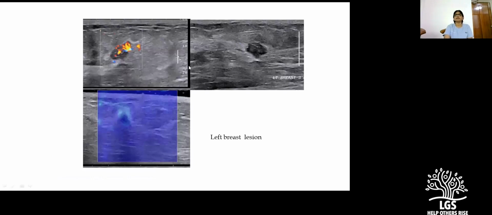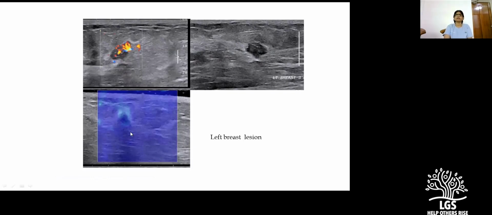On the left, again, this is the one that was not clinically evident, and it is non-palpable. You do an ultrasound, again, it shows an irregular hypoechoic lesion, with an angular margin you see here, and when we put a Doppler there, this lesion is very vascular.